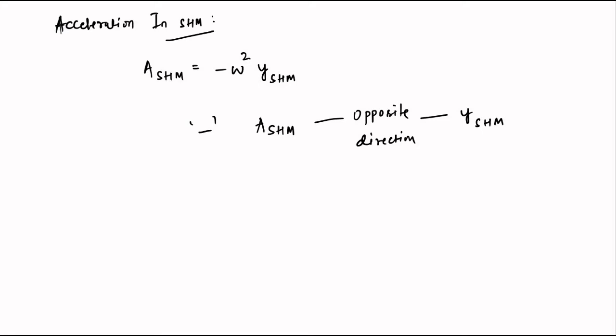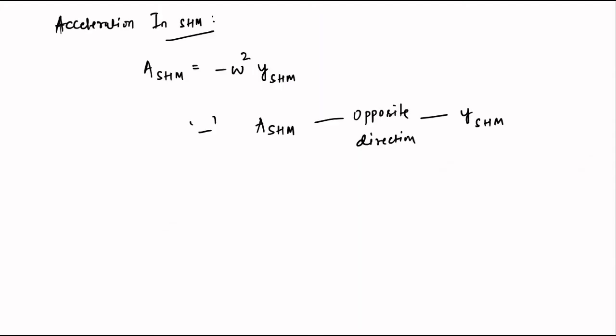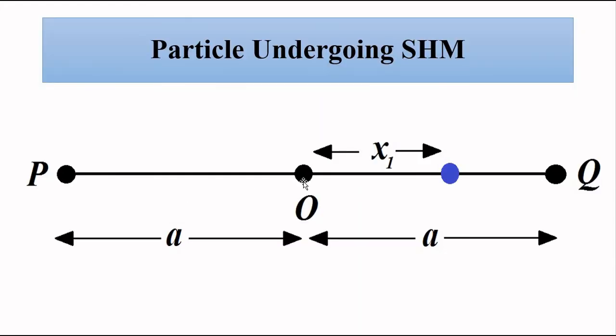Suppose the displacement of the particle is towards the right, then the acceleration will always be in the opposite direction, to the left. If it is to the left, then the acceleration will be to the right. So what it means is that there is something which is always trying to move the particle towards the equilibrium or center position or mean position.